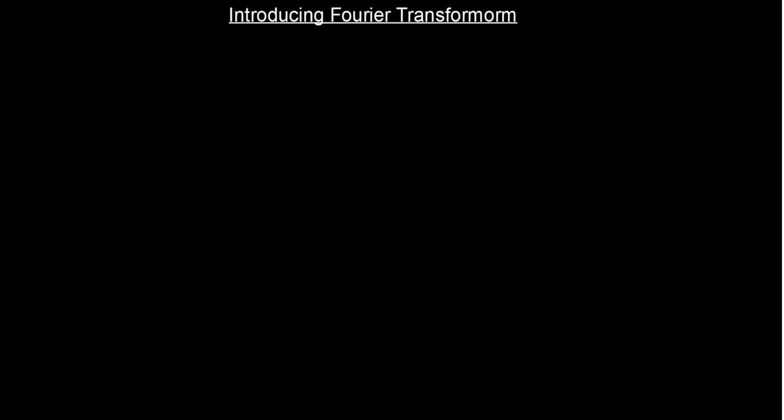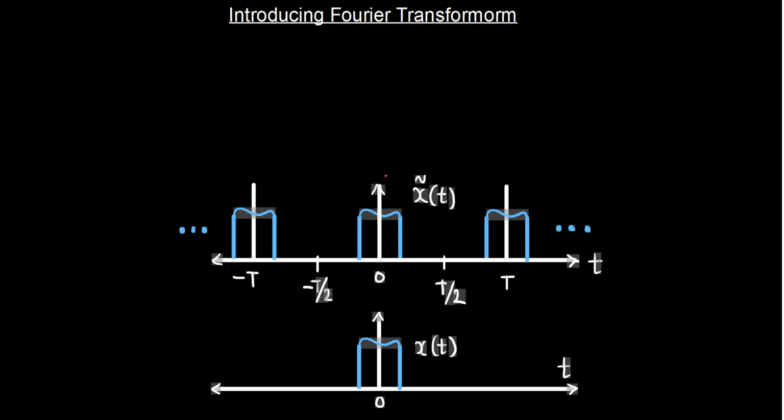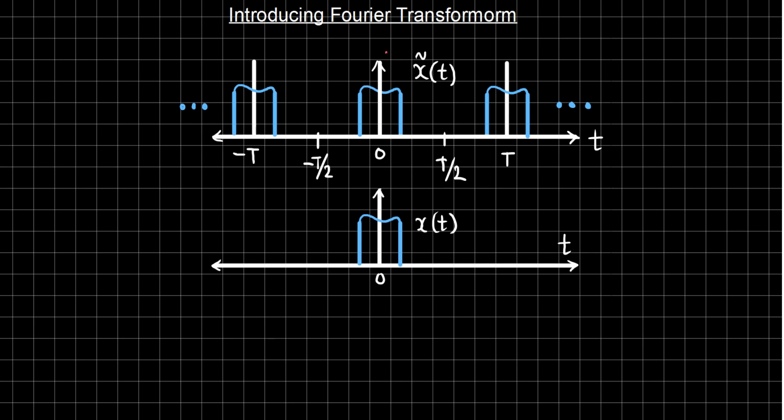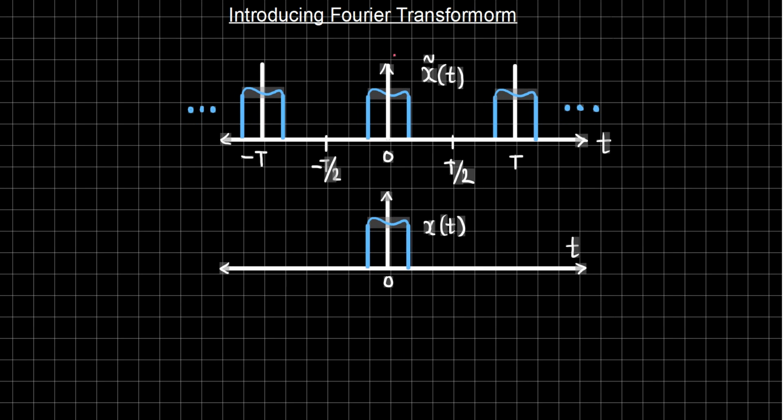For the same, let us consider the periodic signal as shown on the screen. We can see that the signal shown on the screen is xp of t.